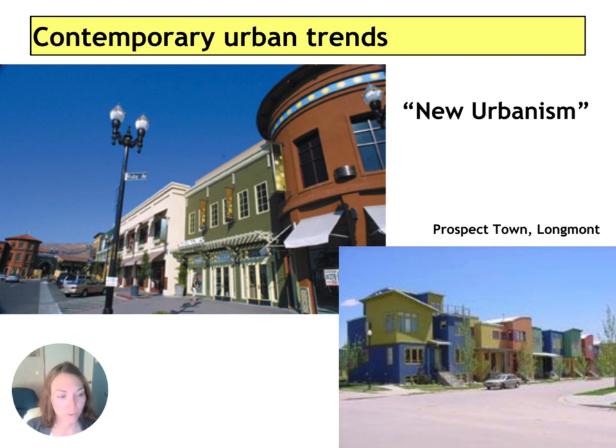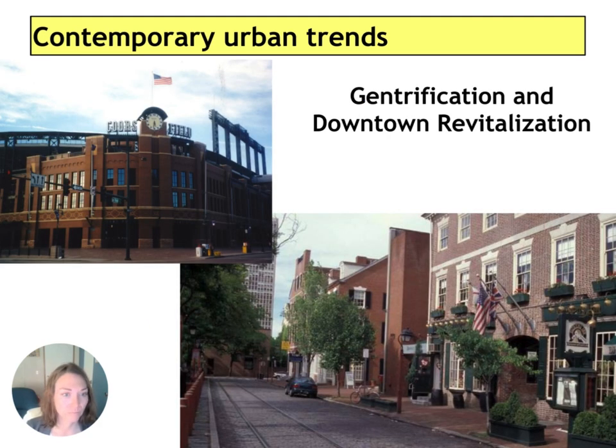So instead of poorly planned suburban sprawl, it's highly planned. Longmont is a good example of new urbanism, very planned. And this is all a part of gentrification and downtown revitalization efforts. Gentrification can cause lower income populations to be displaced as rents become too high.